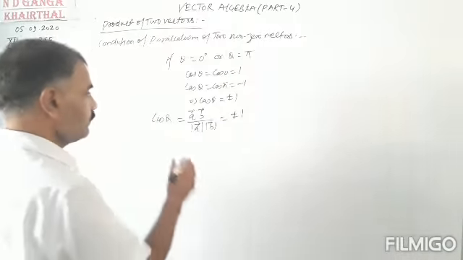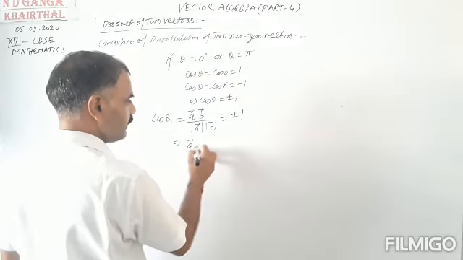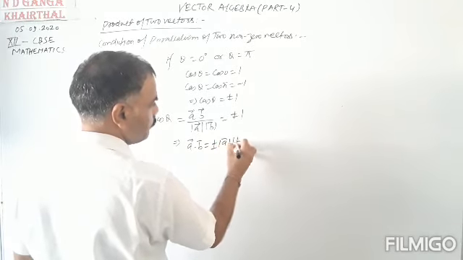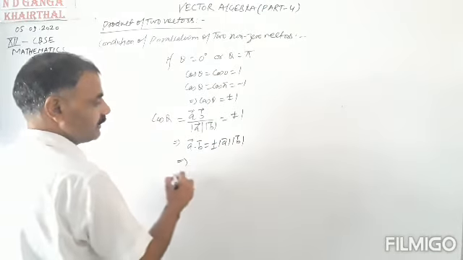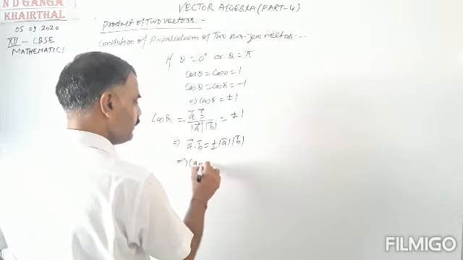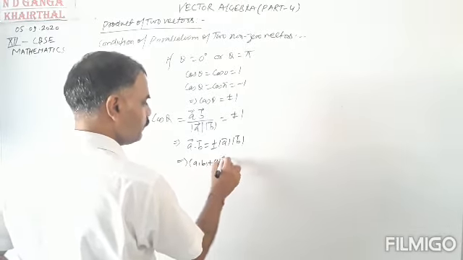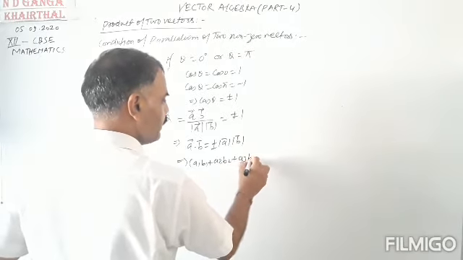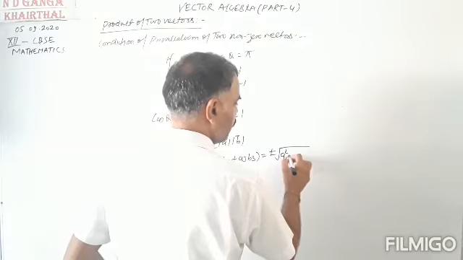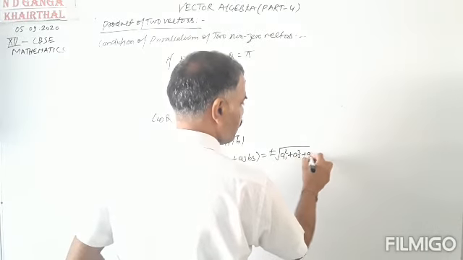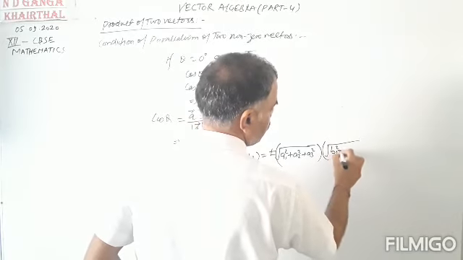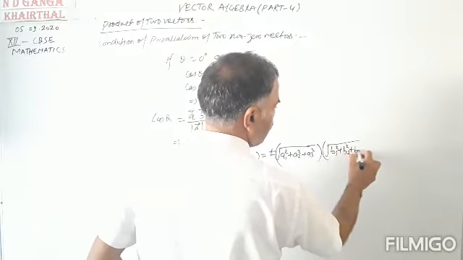Solving this, a vector dot b vector is equal to plus minus magnitude a vector, magnitude b vector. In component form we have a1 b1 plus a2 b2 plus a3 b3 equal to plus minus under root a1 square plus a2 square plus a3 square, multiplied by under root b1 square plus b2 square plus b3 square.